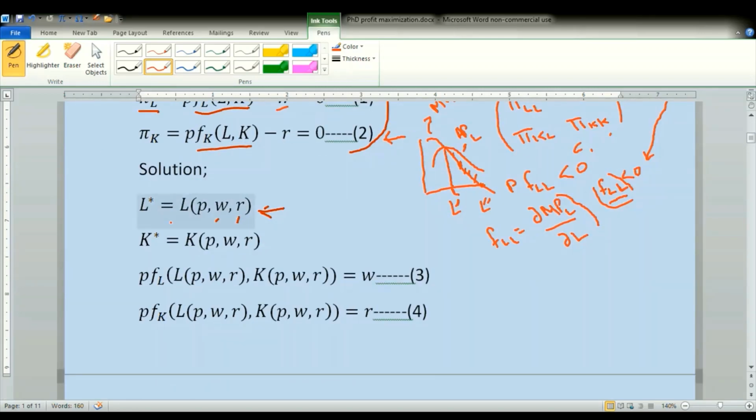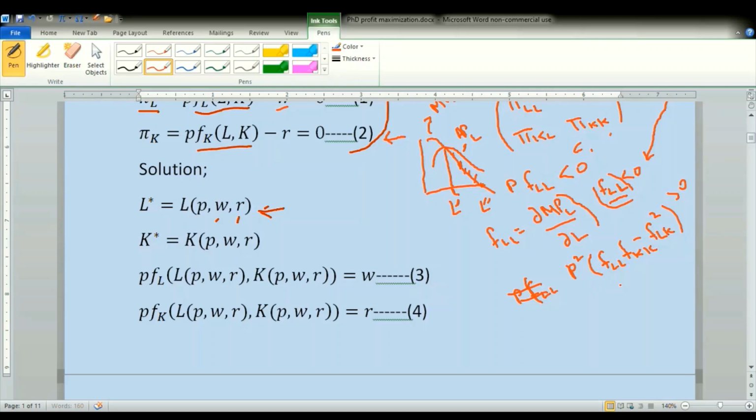This determinant is P squared F of LL times F of KK minus FLK squared, and this has to be greater than 0.